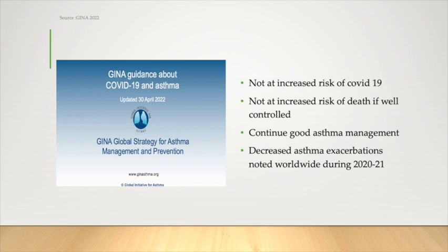Note has been made that nebulizers should be avoided in general care settings for patients with asthma because of the risk of aerosol dissemination. Rather, it's been noted that there have been decreased asthma exacerbations worldwide during the pandemic, and this could be because the patients have been more indoors.